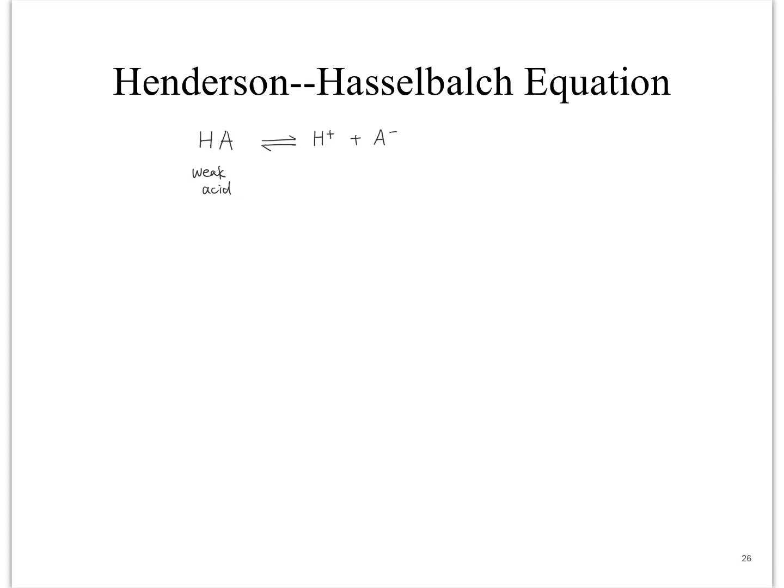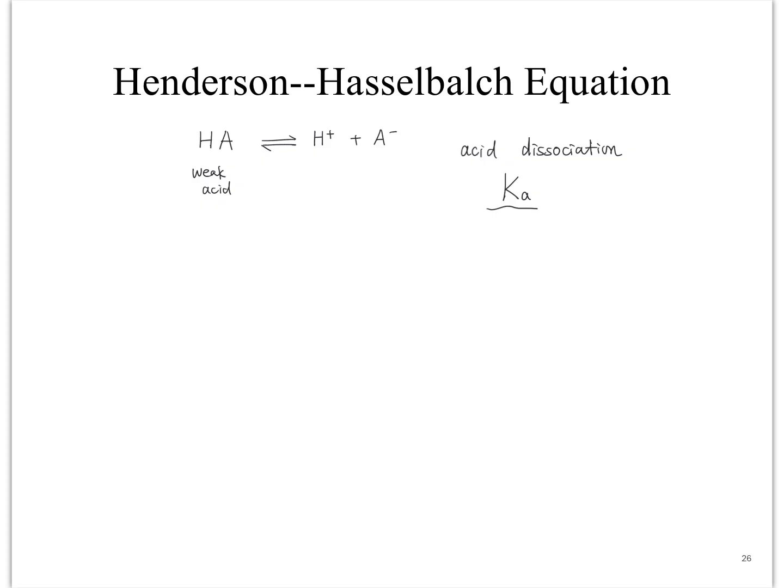This reaction is called acid dissociation. For this reaction, we are going to write out a Keq, and this Keq has a very specific name, the acid dissociation equilibrium constant.